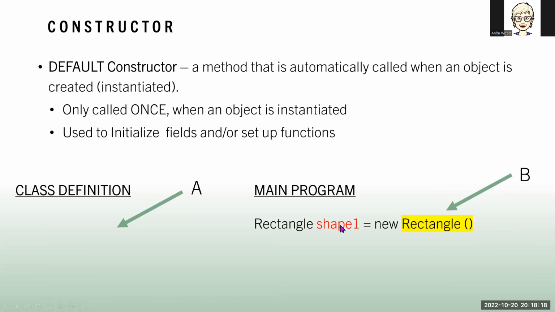But when I put together this instance, I can also do some initialization. So when I'm creating the instance, when I use new and repeat rectangle, which is a method call, it's actually over here in my class definition.